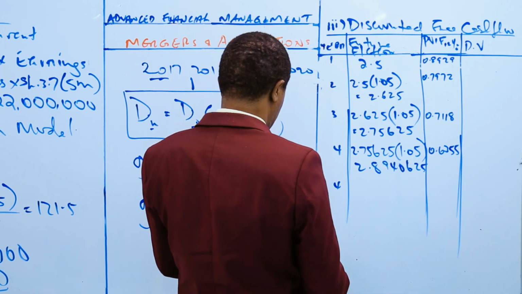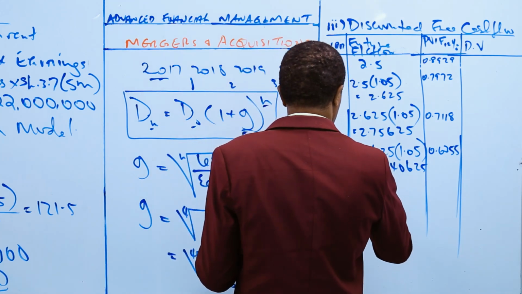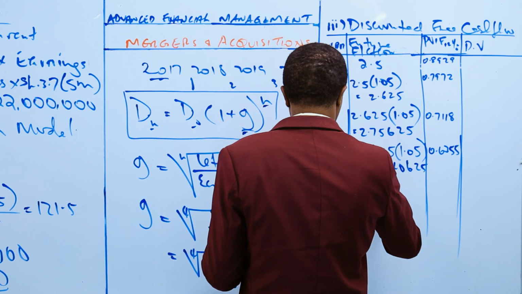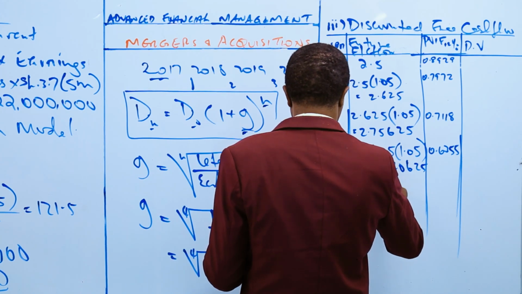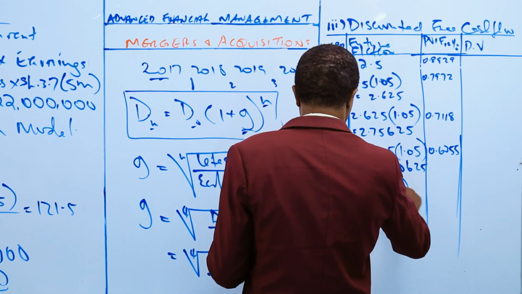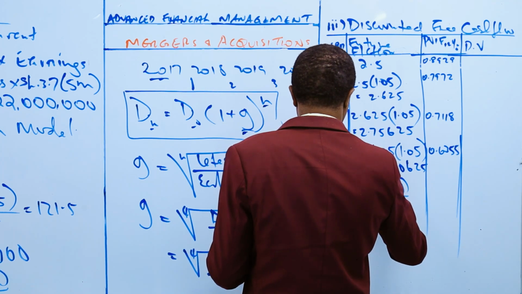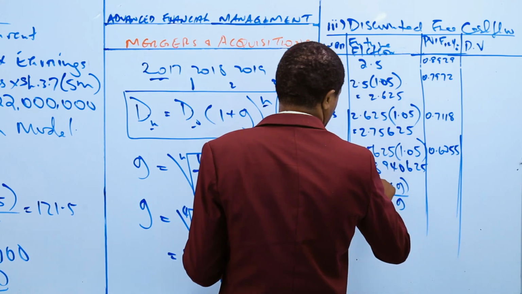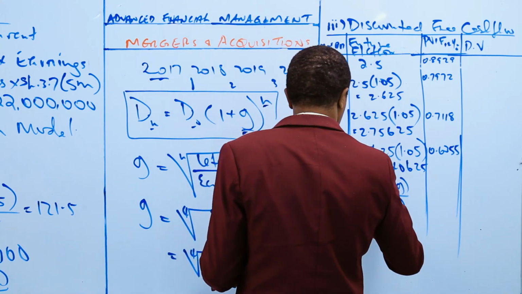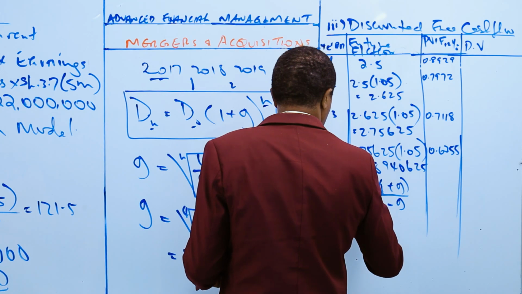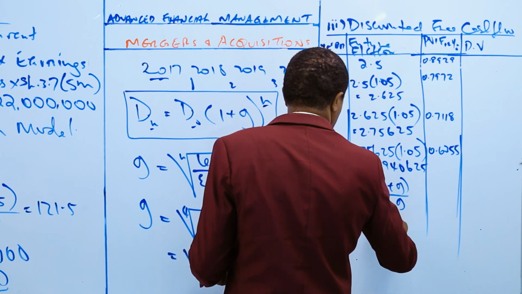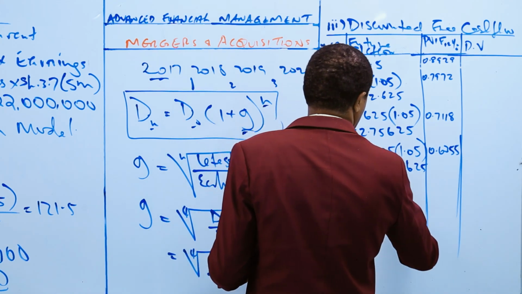amount in year 4. So we have the P naught in year 4, candidates, which is equal to D naught. We grow it again, 1 plus G over KE minus G. So this will be equal to the 2.8940625 into 1.